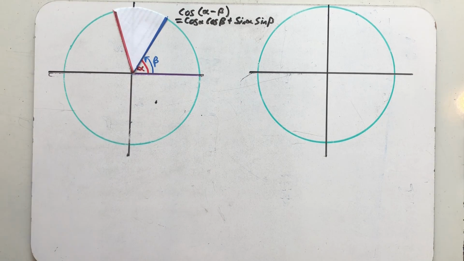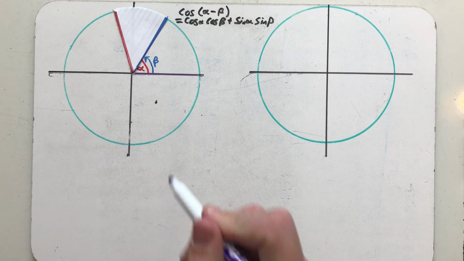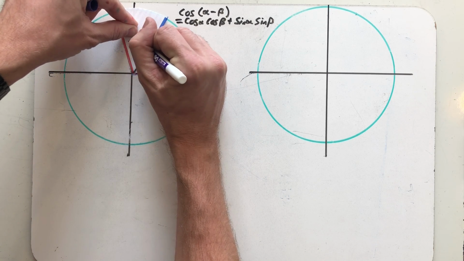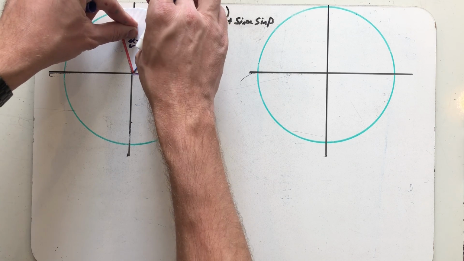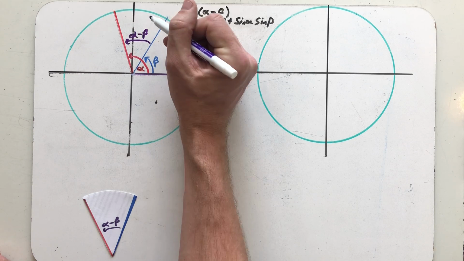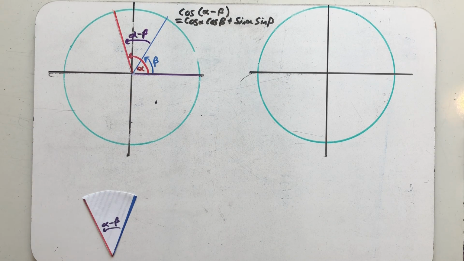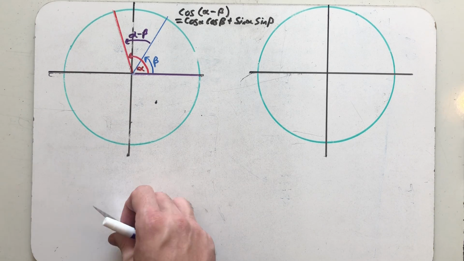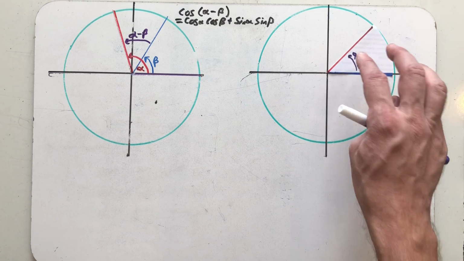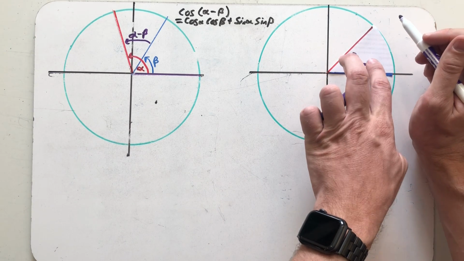That is the angle alpha minus beta. That angle is not particularly useful for using my unit circle because it's not in standard position. So I'm going to take this angle, alpha minus beta, and draw it over here in standard position.